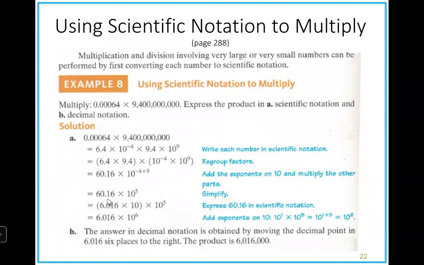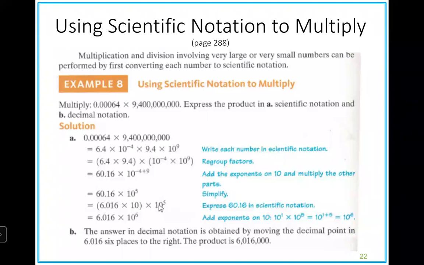So to get it in strict scientific notation, we have to change this 60.16 so that it falls between 1 and 10, which means we're going to move the point one more place to the left, which gives you 6.016 times 10, and that would be 10 to the first power. They didn't put the 1 there, but that's the same as 10 to the first power.